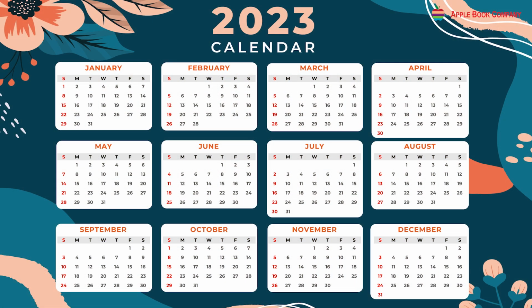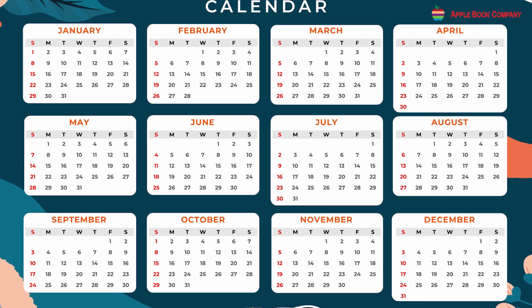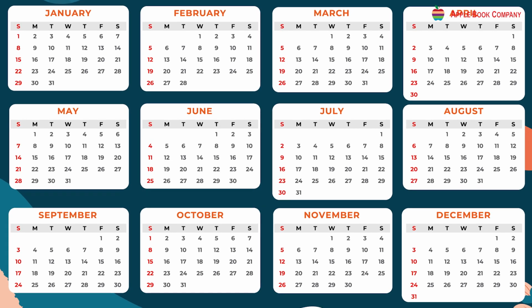Look at the following calendar for the year 2023. A calendar date helps us to identify a specific day represented within the calendar.